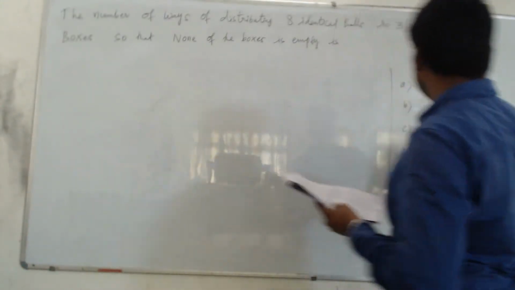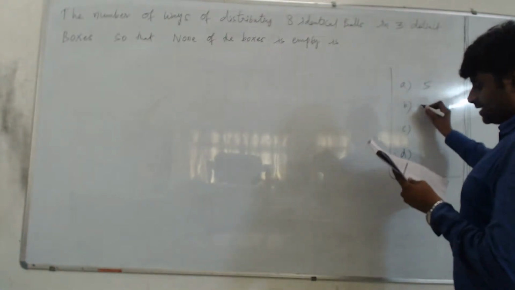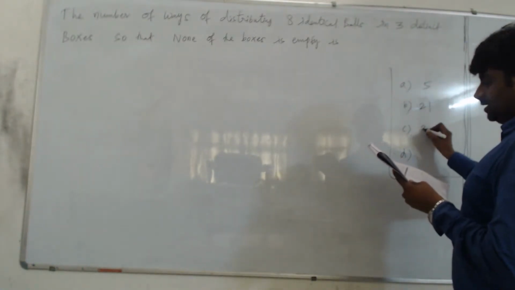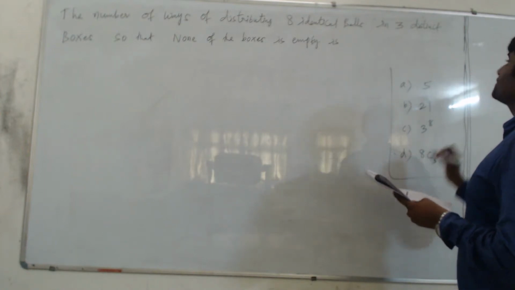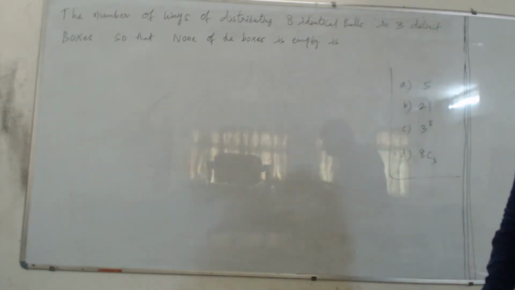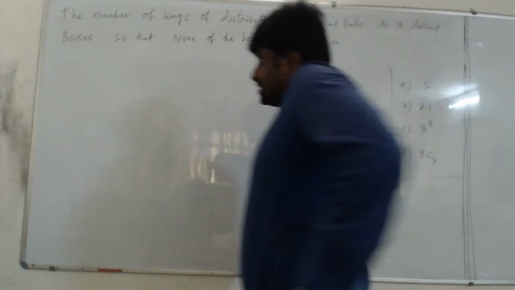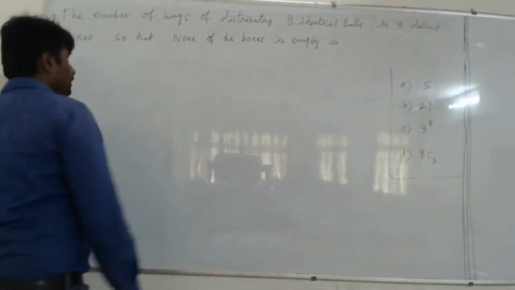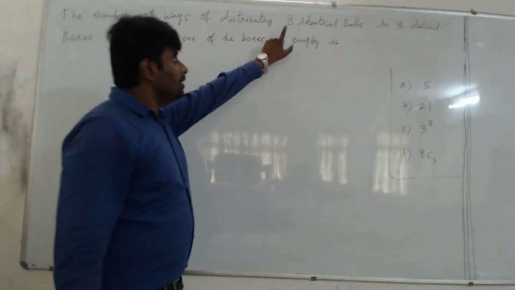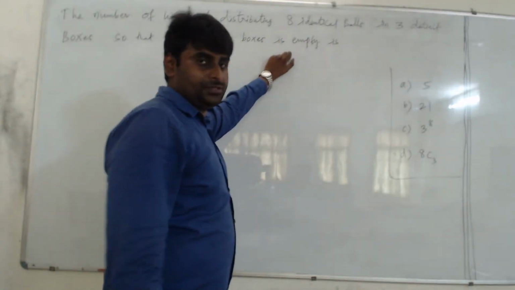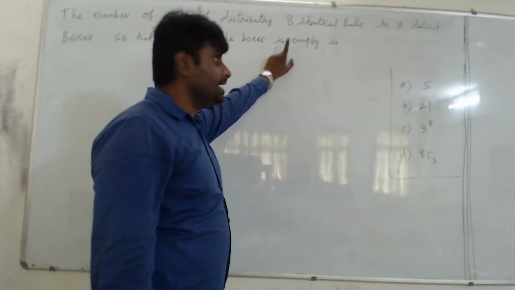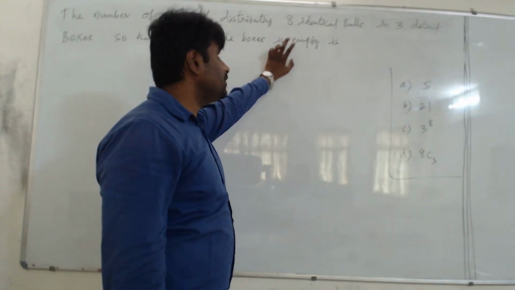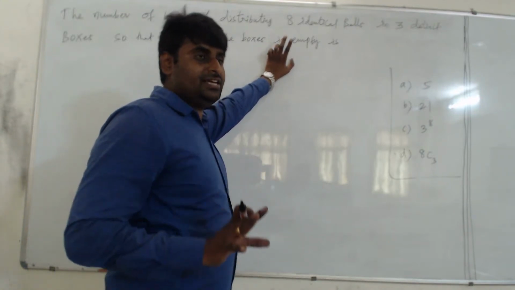Okay. So now here first option 5, the second option 21, third option 3 power 8, and the fourth option 8C3. Okay. Now, first of all, read the question. The number of ways of distributing 8 identical balls. Okay. So here, if you are not given 8 identical balls, how many ways we place 8 balls in 3 boxes?